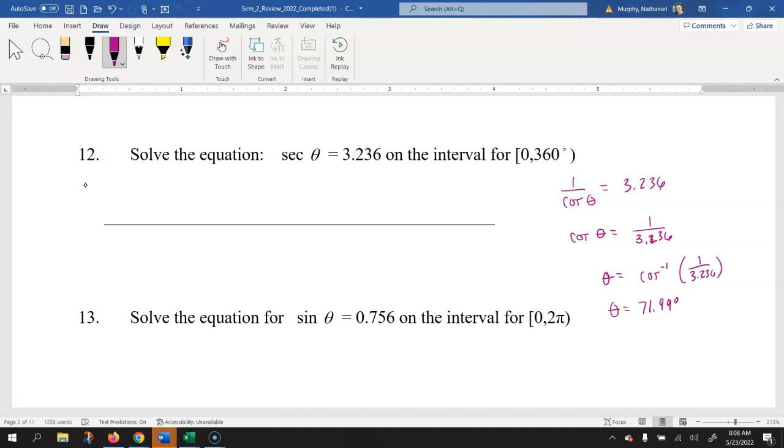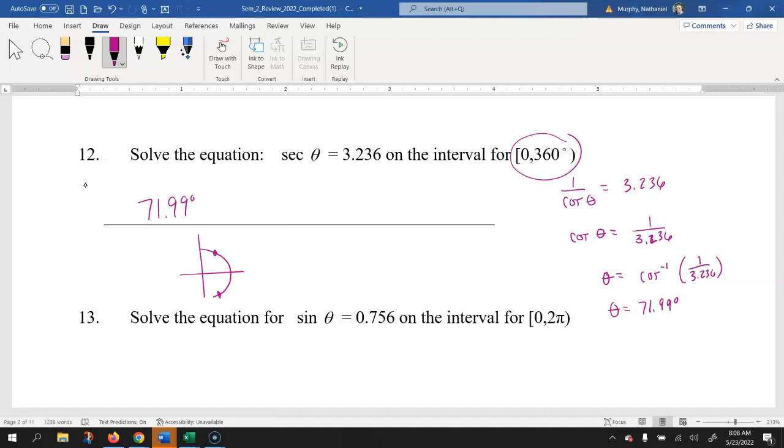Now remember, for these problems, remember the way the function works. And by the way, we know this one is supposed to be in degrees because of this, if you're wondering why we're doing this one in degrees. But 71.99 degrees, that's going to be right about here. Remember, there are two values that have the same value for theta.